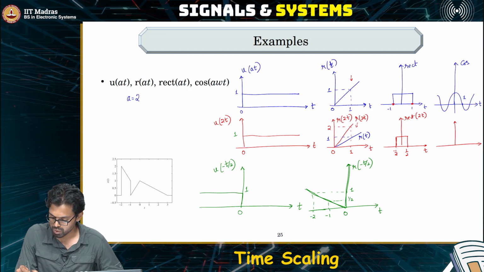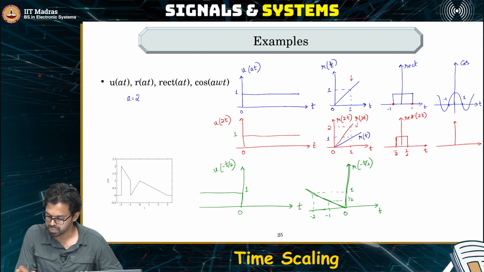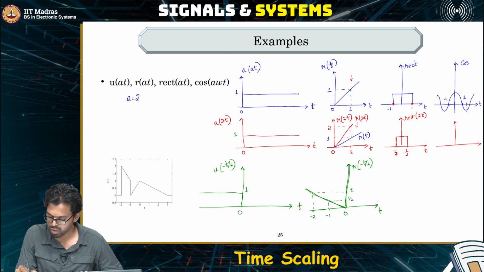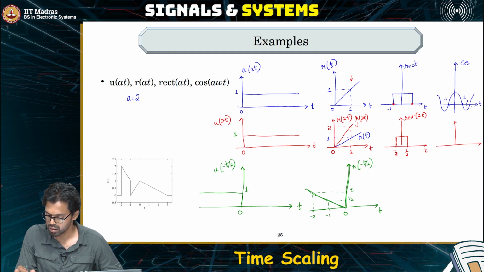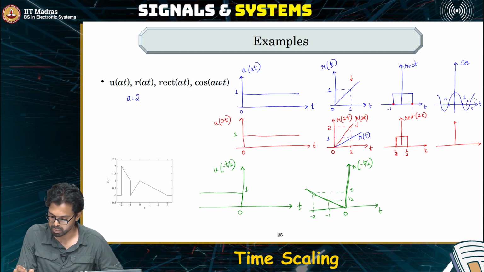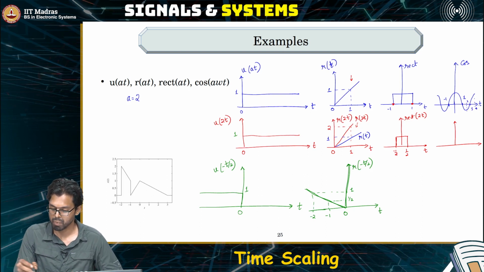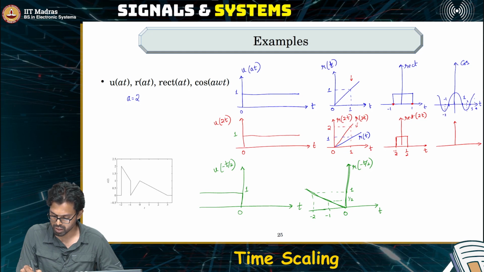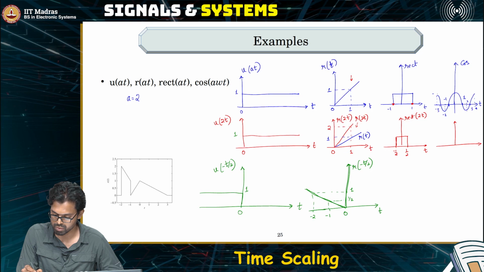So now this is minus 1, and this point will be 2, this point will be 3, and this point will be 4. Okay. Similarly, this point will be minus 2, this point will be minus 3, and this point will be minus 4.